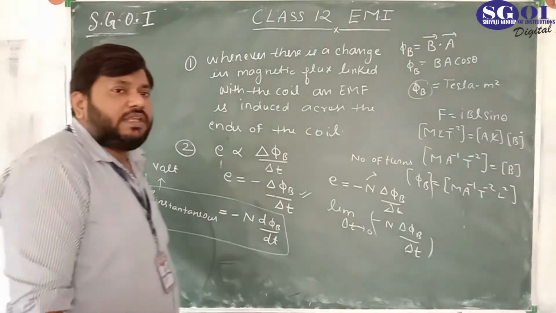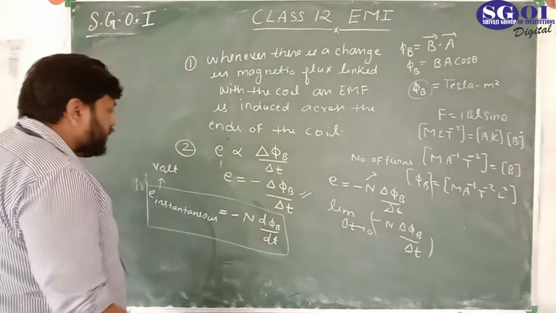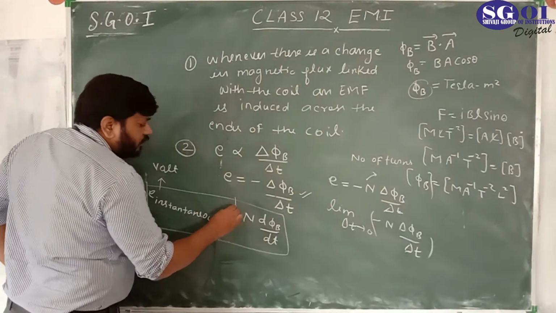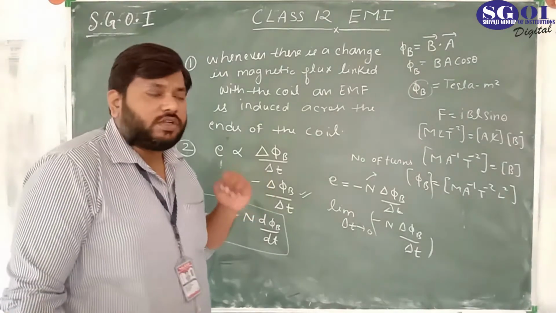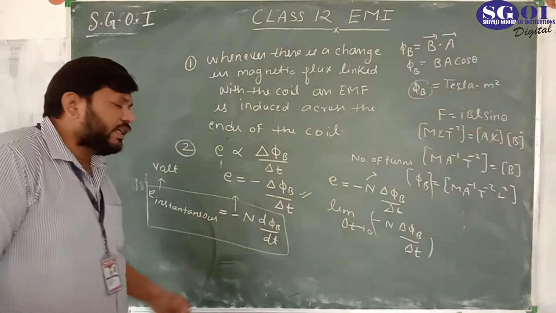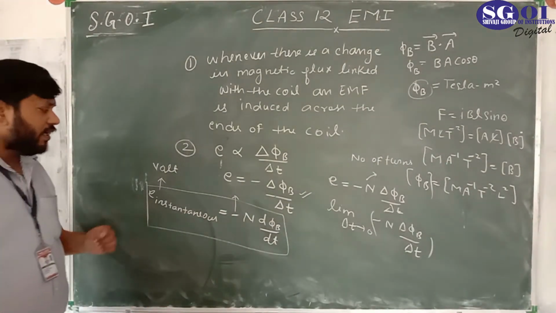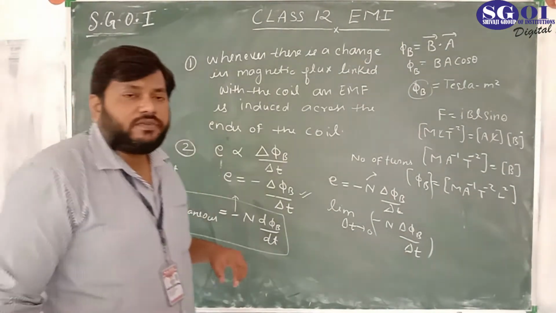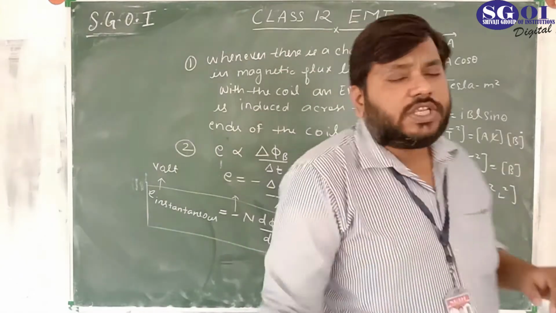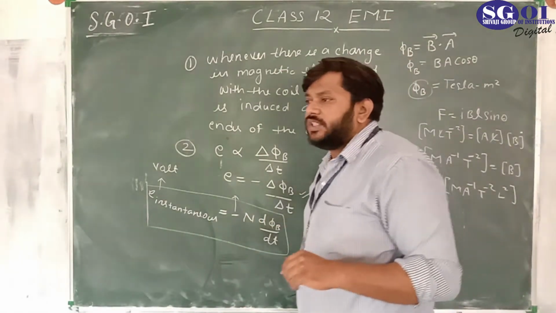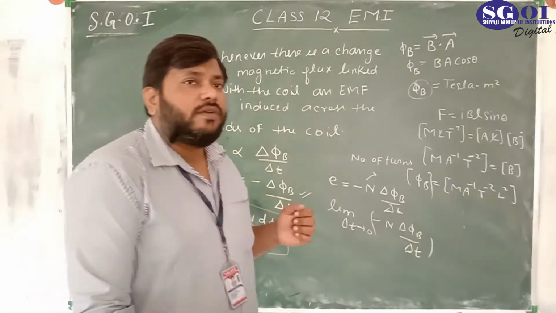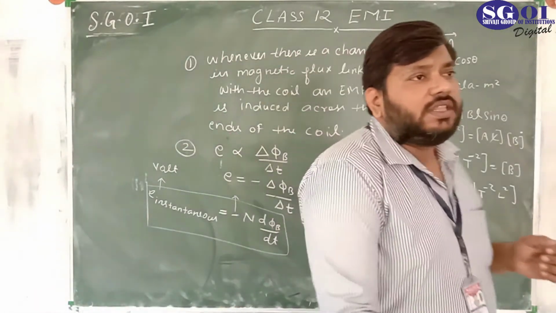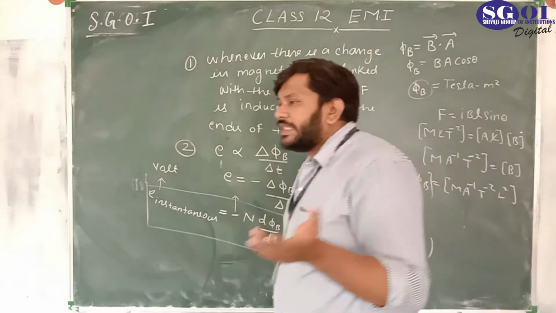One more thing: what does this minus sign indicate? This is very important. The explanation of this minus sign is given by Lenz, in a law which is called Lenz's law, and you have already studied this law in class 10.